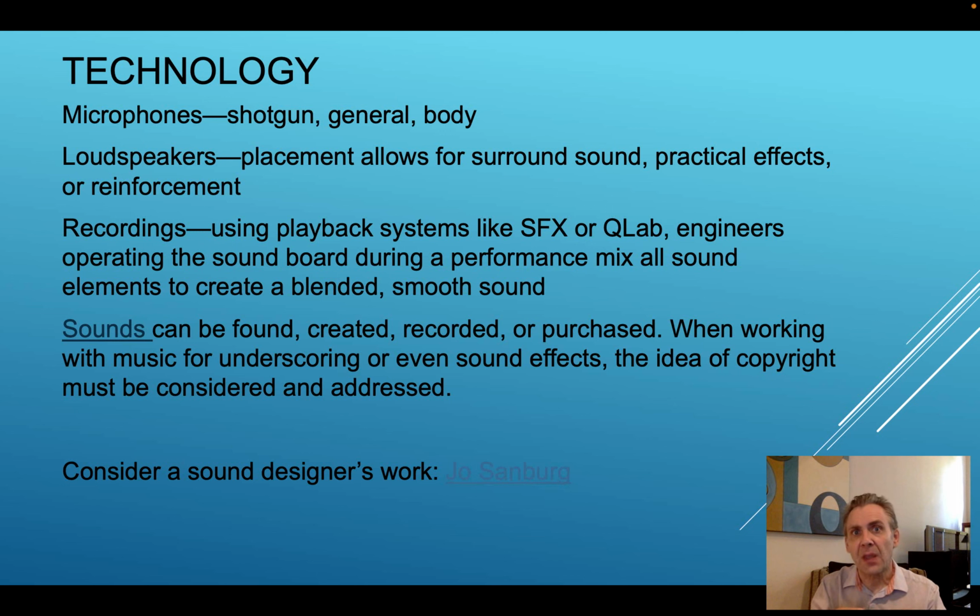And so the sound designer can program the sound board, sound console, just like you have a lighting console, there's a sound console, so that that phone ringing comes only out of that loudspeaker.